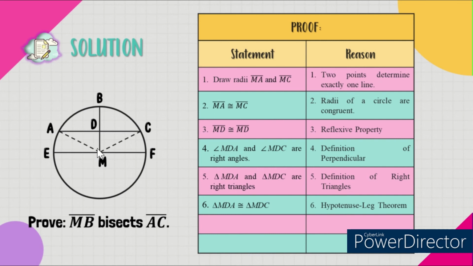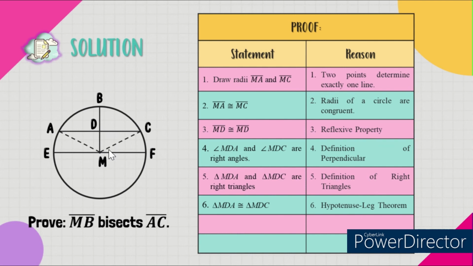So we can see here that the hypotenuse of the triangle MDA is the line segment AM, which is congruent to the hypotenuse of triangle MDC, which is the line segment MC. Both of these two triangles have the same leg, which is the line segment MD. Of course, line segment MD is congruent to line segment MD.